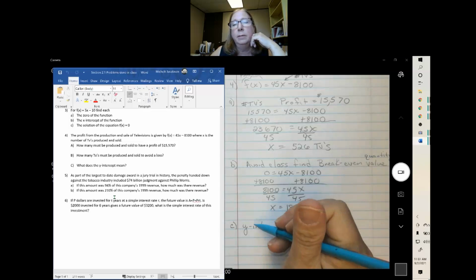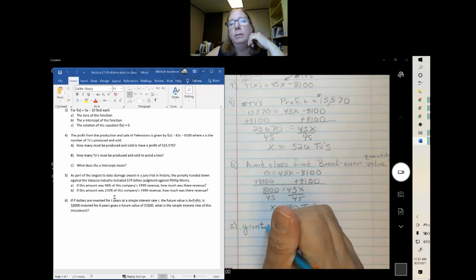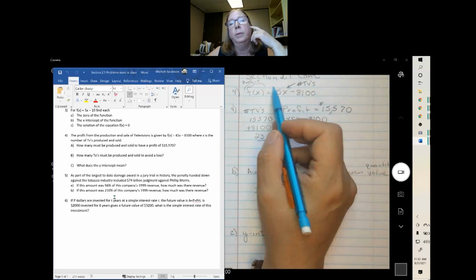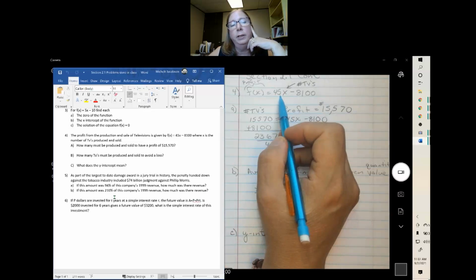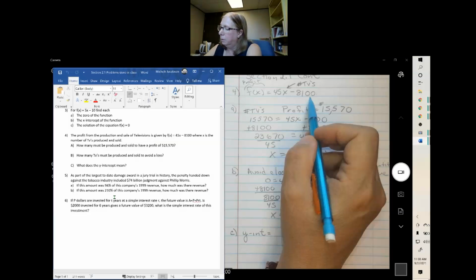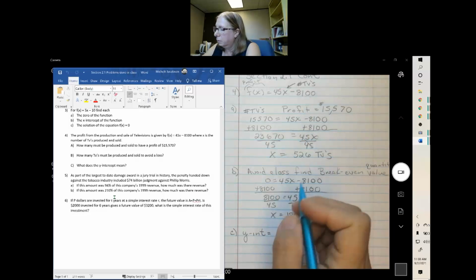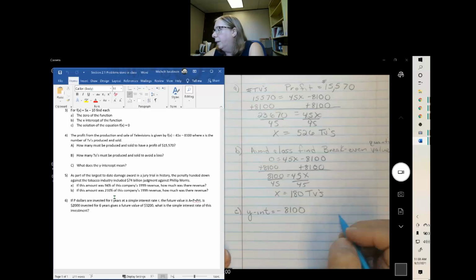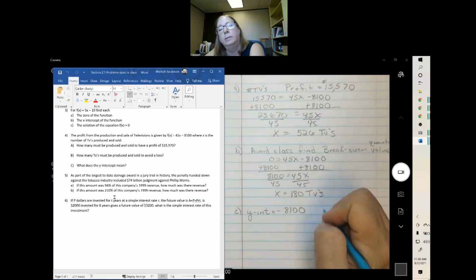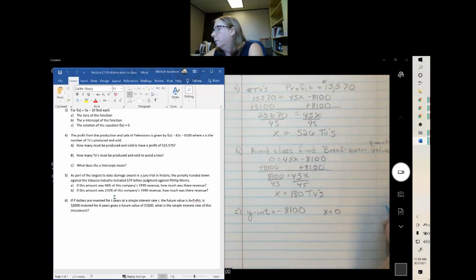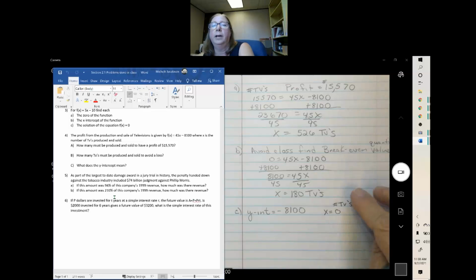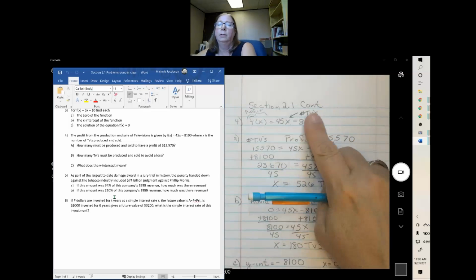Part C is asking what the y-intercept means. If we look at the equation, 45 is our slope and negative 8100 is our y-intercept. Your y-intercept is when x equals 0. And remember, number of TVs was our x.